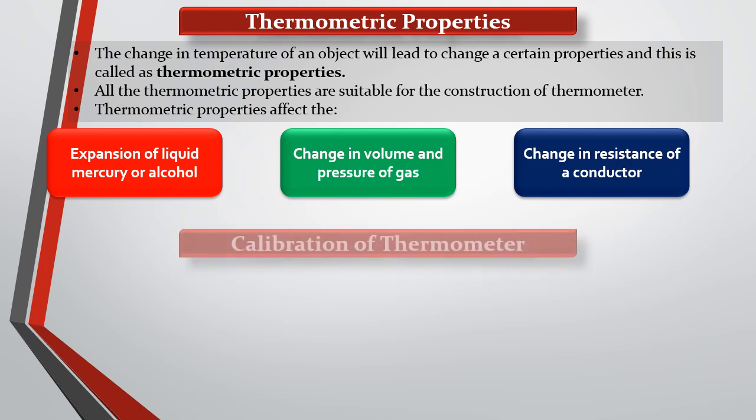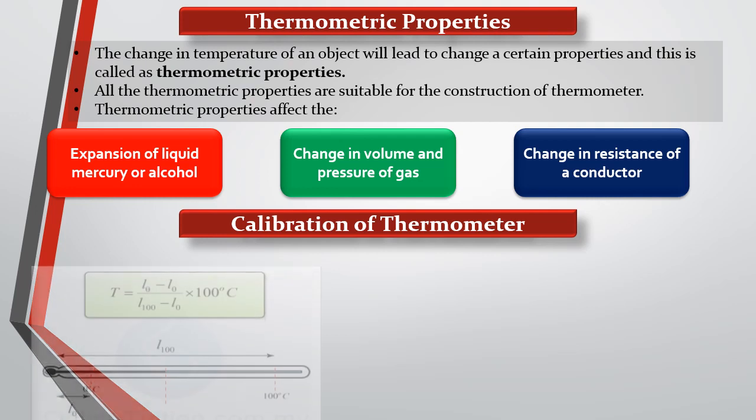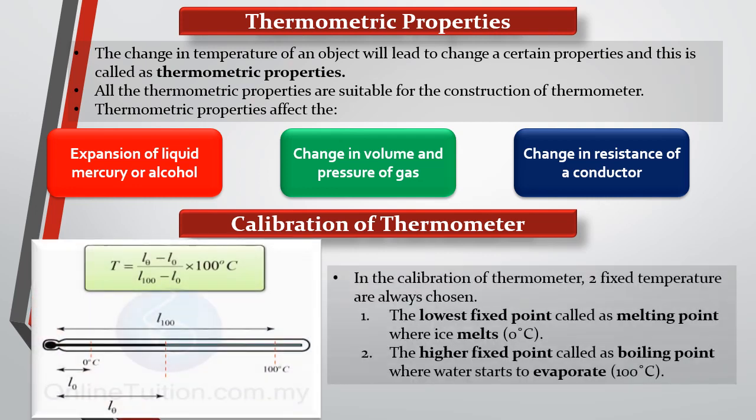So we will proceed to the calibration of a thermometer. How to calibrate the thermometer? In the diagram I provide a formula that can be used to calculate during the calibration of a thermometer. In the calibration, we pick 2 fixed points or 2 fixed temperature points.